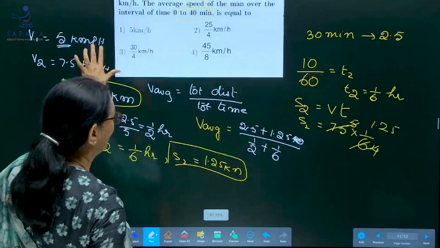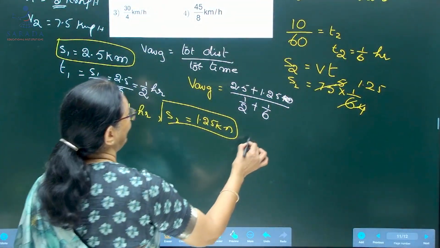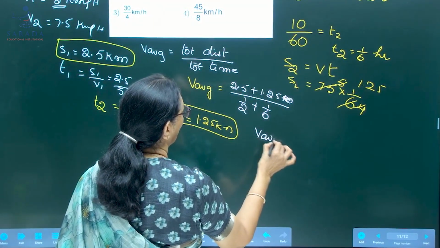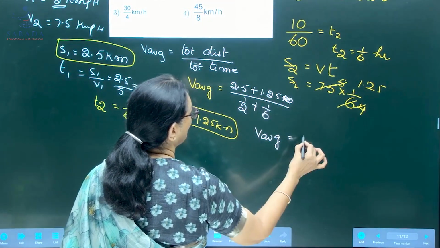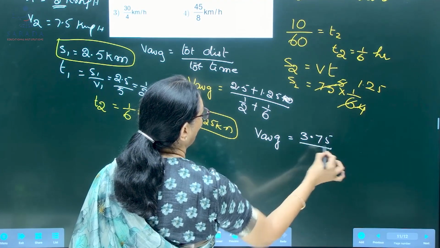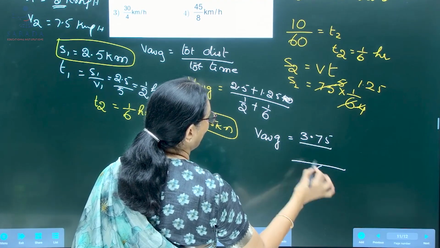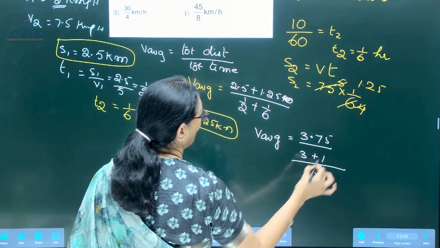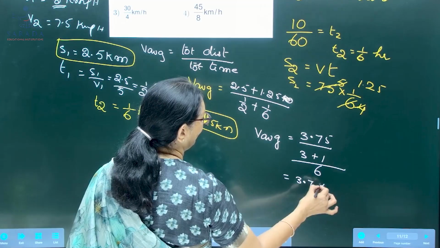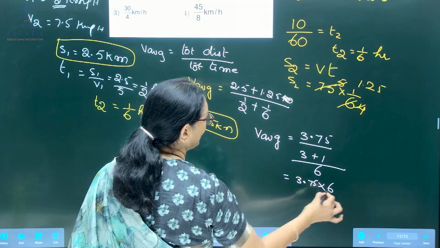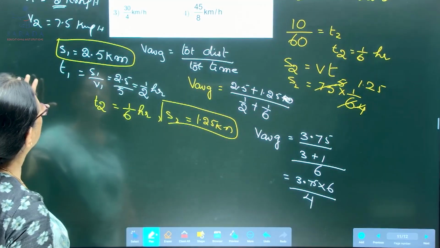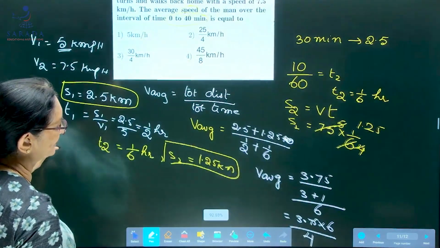So let us simplify that calculation. V average is equal to 2.5 plus 1.25, which is 3.75, by taking 6 as the LCM, 3 plus 1. This is 3.75 into 6 by 4. That is the answer. So, look at the options given.